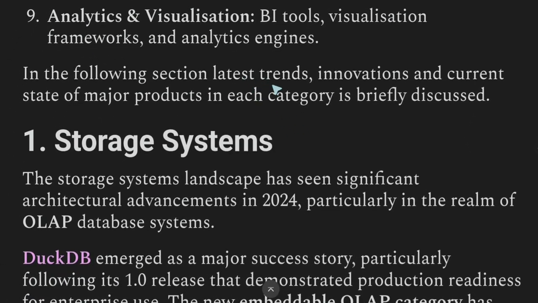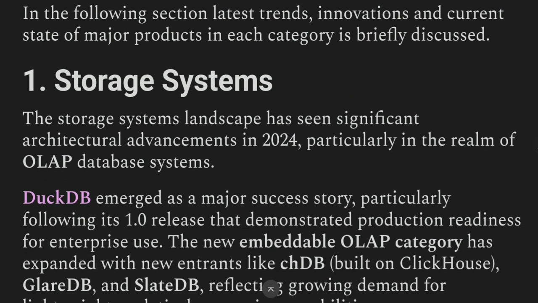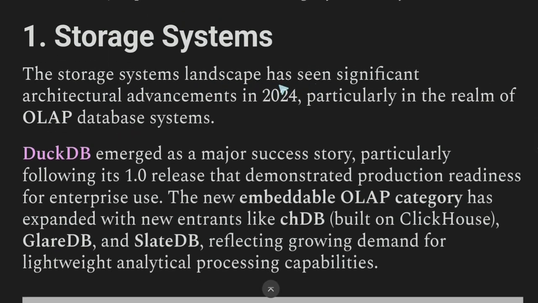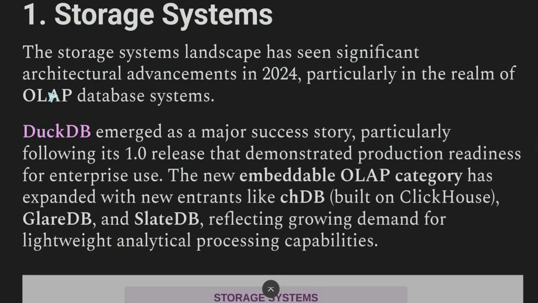In the following sections, latest trends, innovation, and current state. Major products by category. Briefly discuss storage systems. The storage system landscape has seen significant architectural advancements in 2024, particularly in the realm of OLAP database systems. So analytical processing.